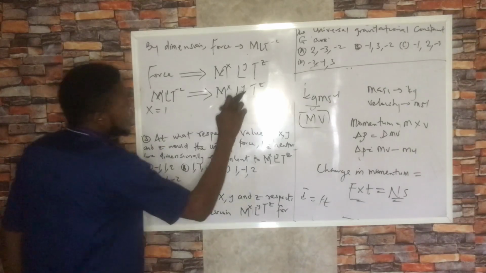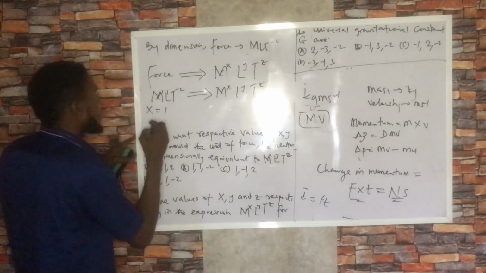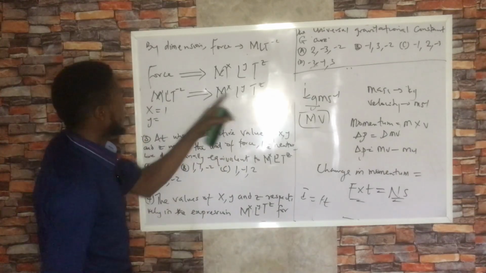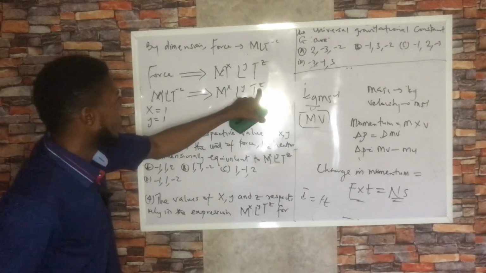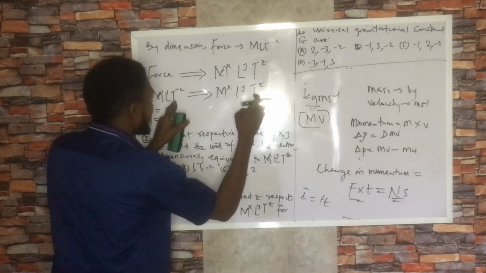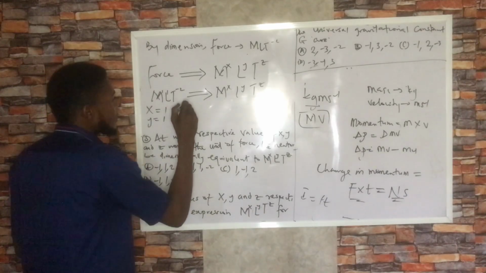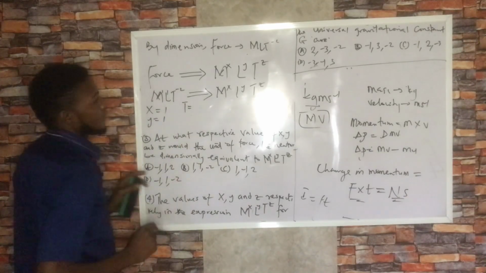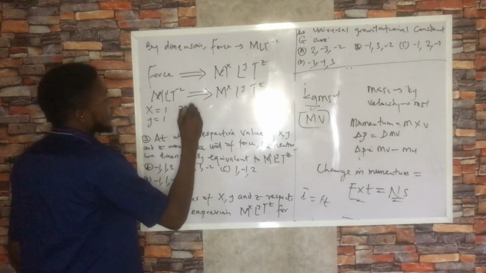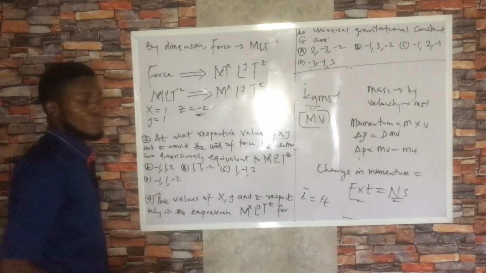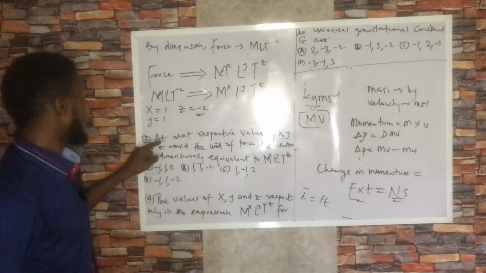x is equal to 1 automatically. Then for L, y is equal to 1 also. You get it now? Now back to T. They are similar as well, so our z is equal to minus 2. So now back to the question.